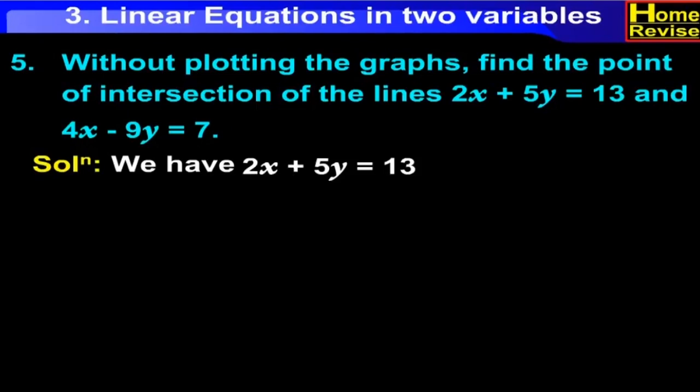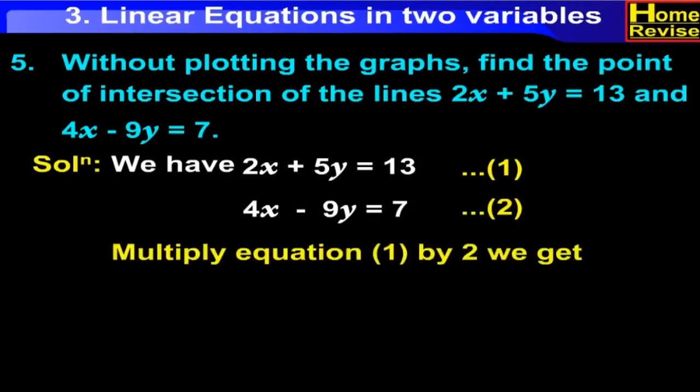Let this be equation number 1, and 4x minus 9y is equal to 7. Let this be equation number 2. Now multiply equation 1 by 2, we get 4x plus 10y is equal to 26. Let this be equation number 3.